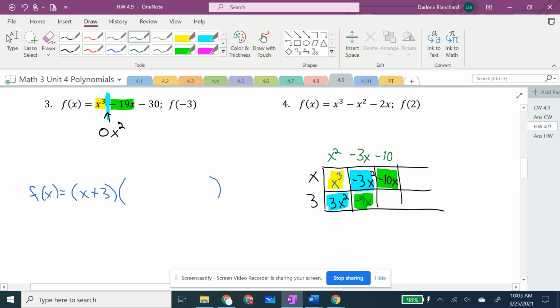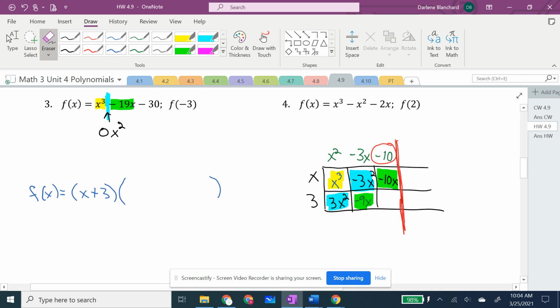And be aware that as soon as you write in one of those spots just a number, you cannot go any further over here with your quotient. That means the entire polynomial either needs to be to the left of this line or you've got a remainder, is basically what that is saying.